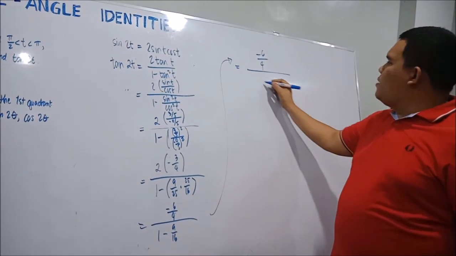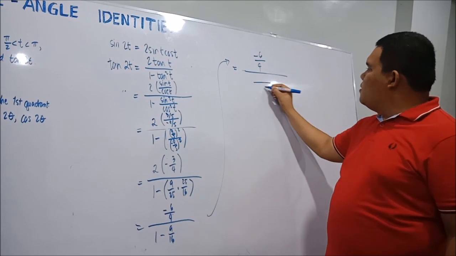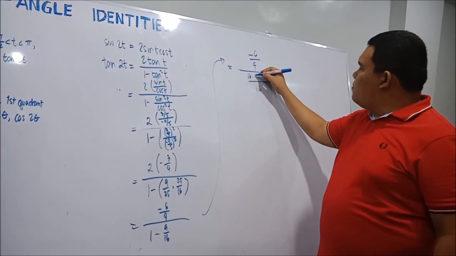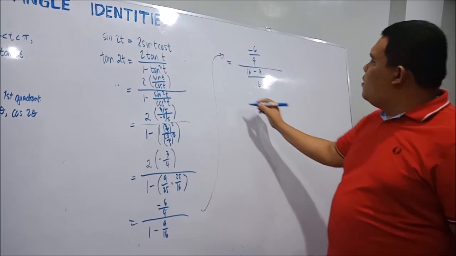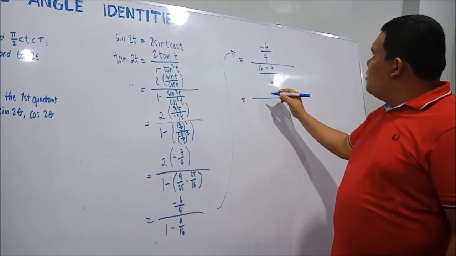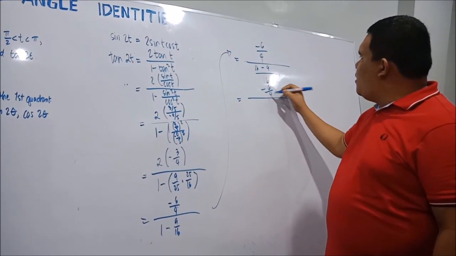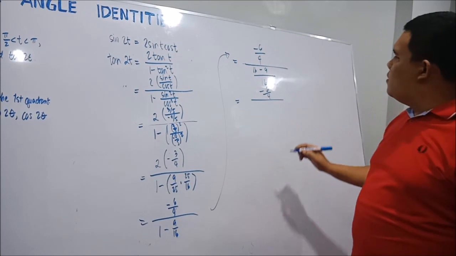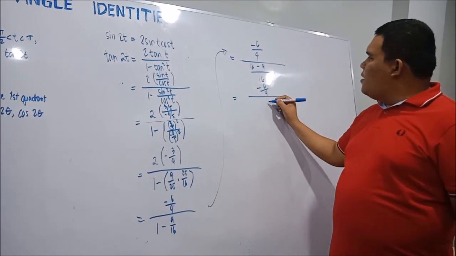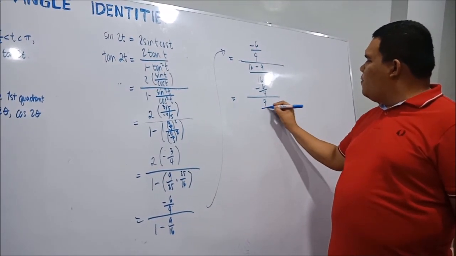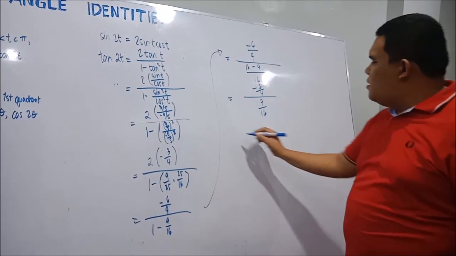Simplifying the denominator, we have 16 minus 9 over 16, so negative 6 over 4 divided by 7 over 16.